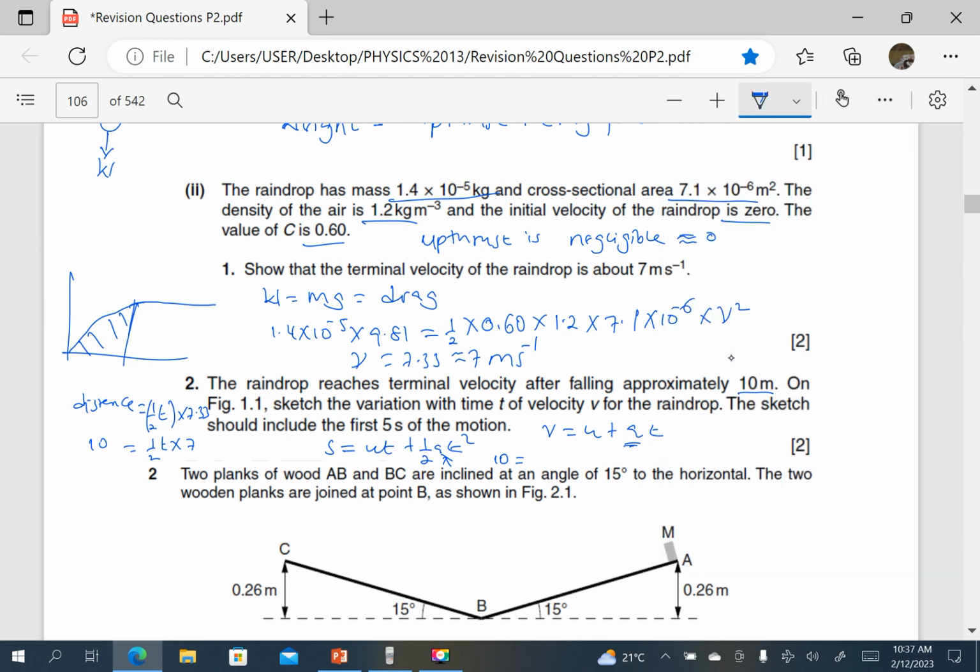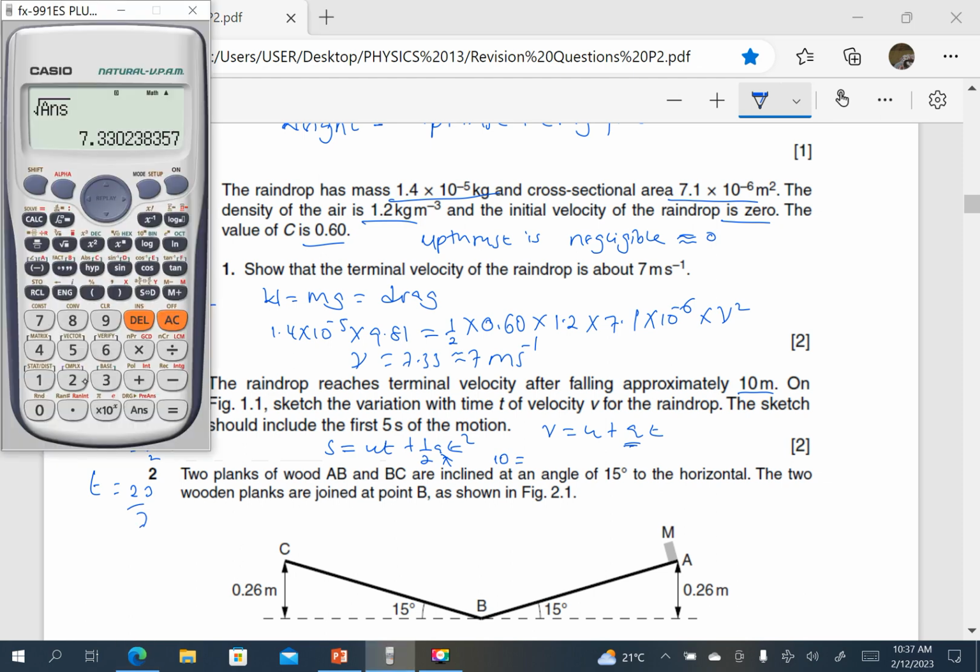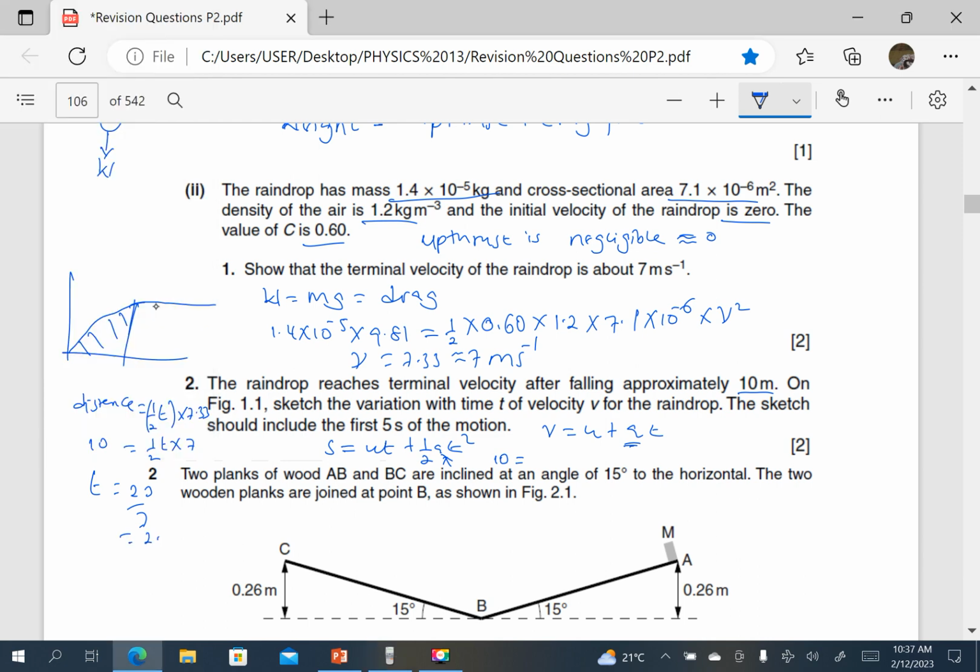So the time t is going to be 20 divided by 7, that is around 2.85. So at around 2.85, the body must have reached terminal velocity. When I'm sketching my graph, I'll concentrate on that. What is important is the estimated time at which it reaches terminal velocity.